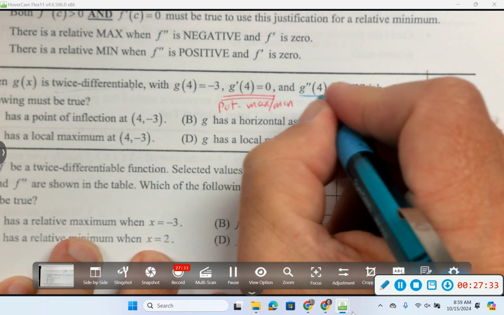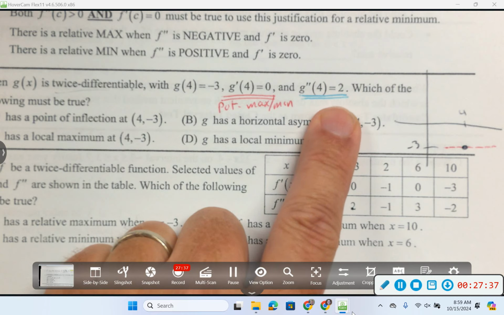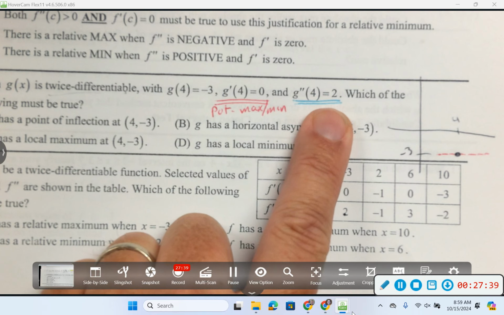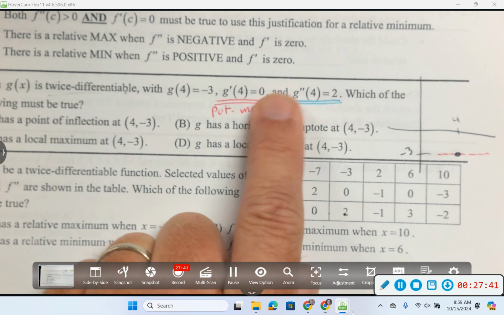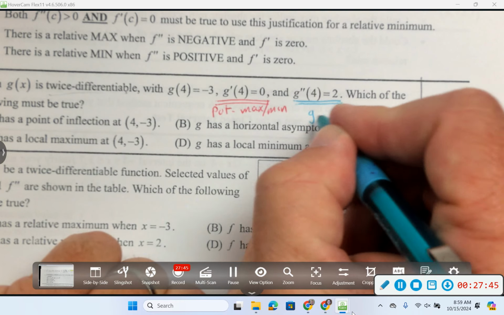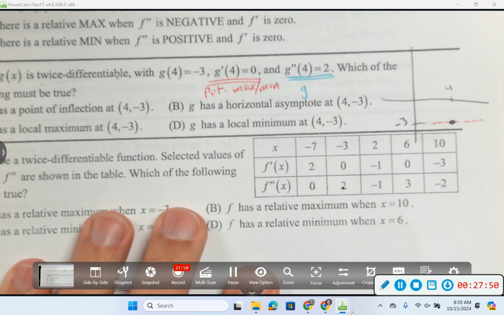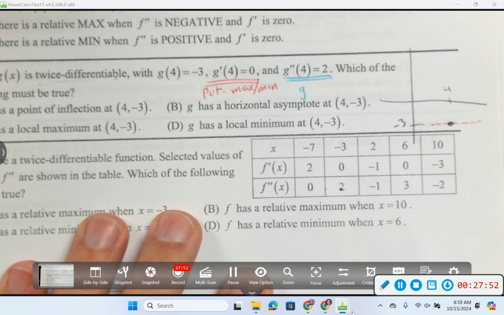G double prime at 4 is 2. The 2 doesn't really do much for me, but the fact that the second derivative is positive, what does that tell me about G? It's concave up.